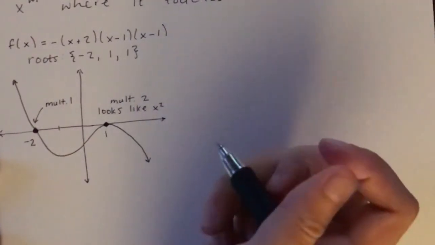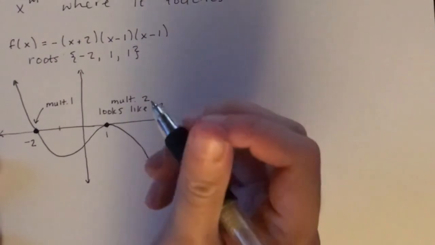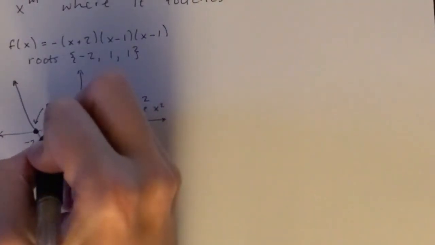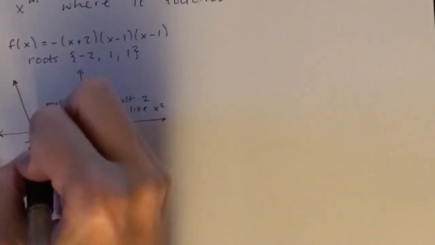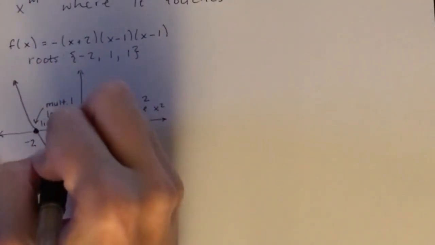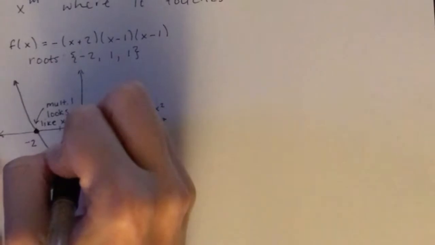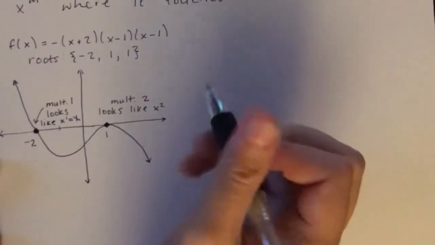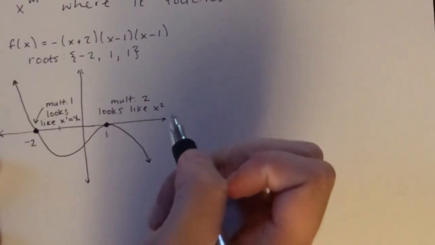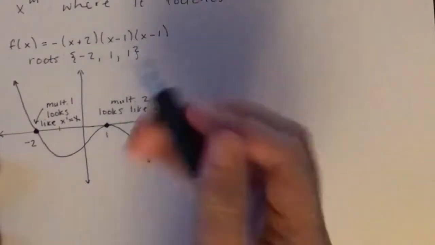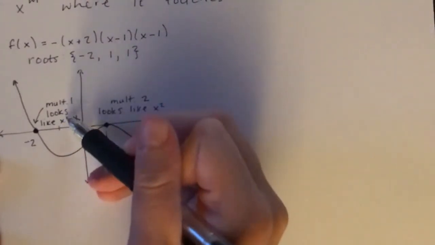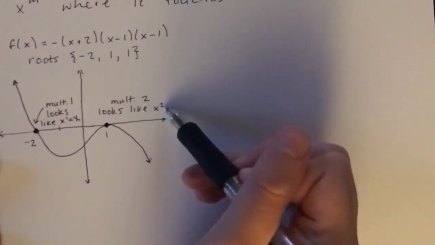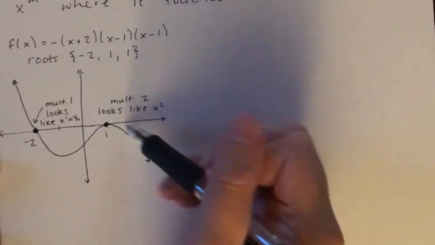It looks like a regular old line, right? Looks like x. So it looks like x to the 1, which is equal to just x. Right, so multiplicity of 1 looks like x to the 1, or a line. Multiplicity of 2 looks like x to the 2, x squared, which is a parabola.